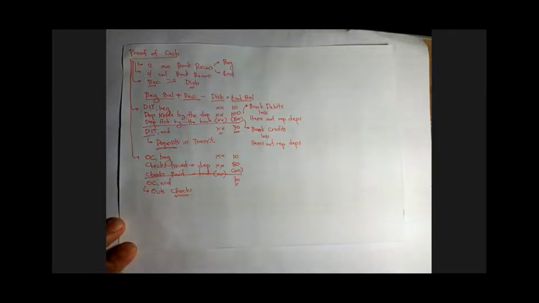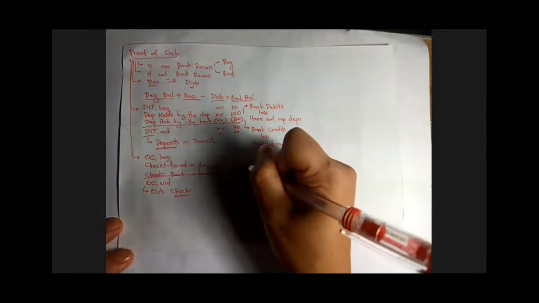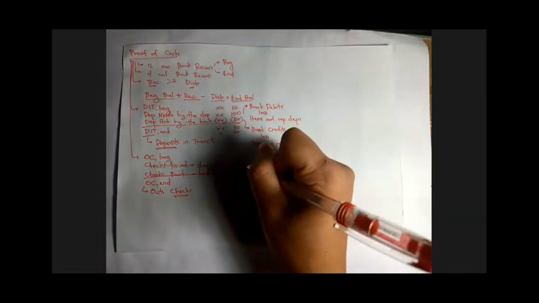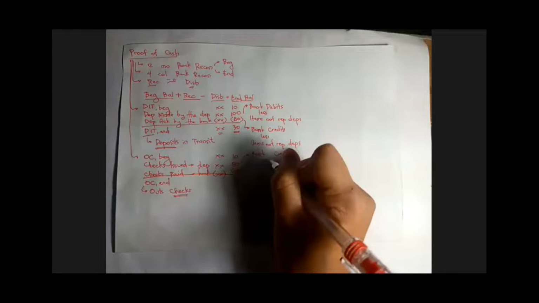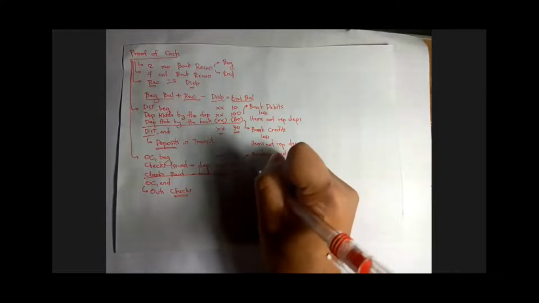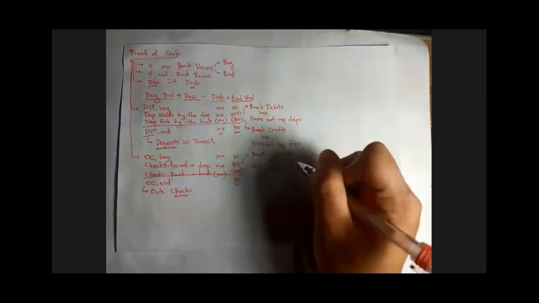Kamukha lang ni DIT, asahan mo na dito, yung checks issued by the depositor is actually the book credits. It's just that from the book credits, kailangan nating i-less lahat ng items not representing checks.